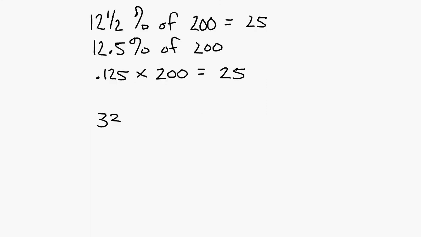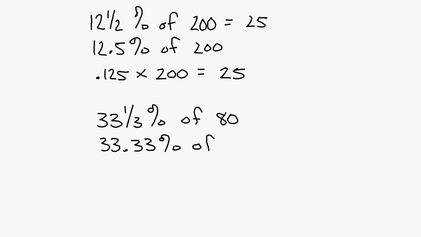33 and 1/3% of 80. Convert the 33 and 1/3% to a decimal first, so it's 33.33% of 80.